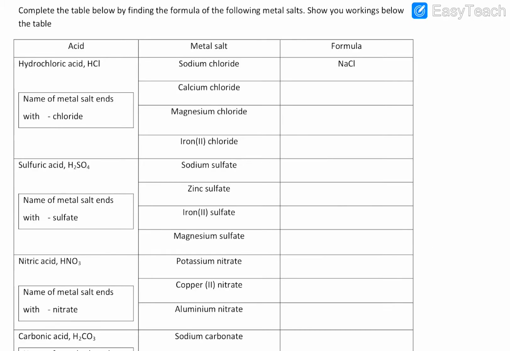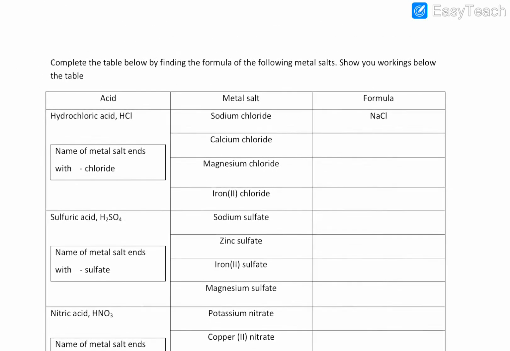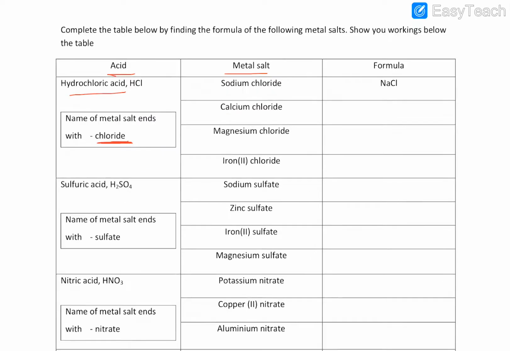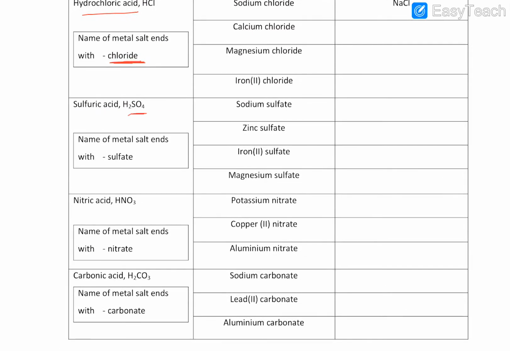Now you're going to use the formula with radicals to fill in this table as well. Now these are acids and the salts that they form. So hydrochloric acid forms chlorides. So here you have the chlorine element, so you have the compound chlorides. Sulfuric acid forms sulfates, so you see our radical is coming.